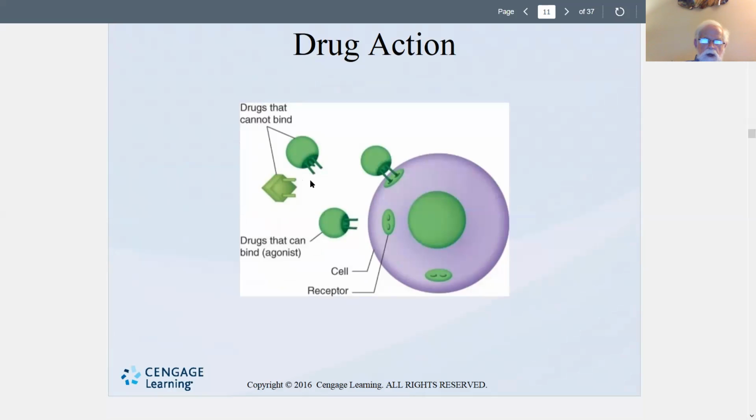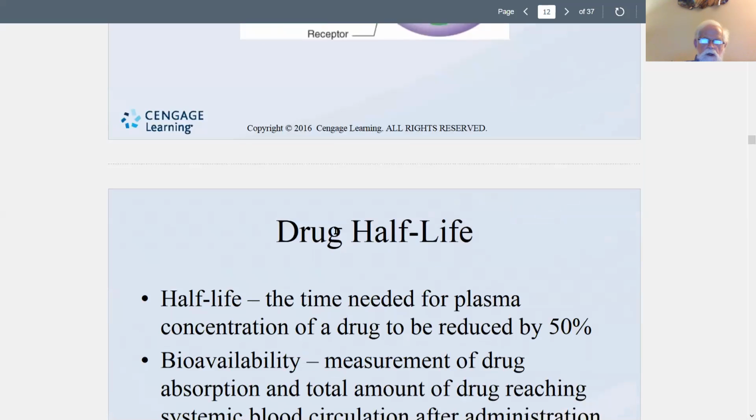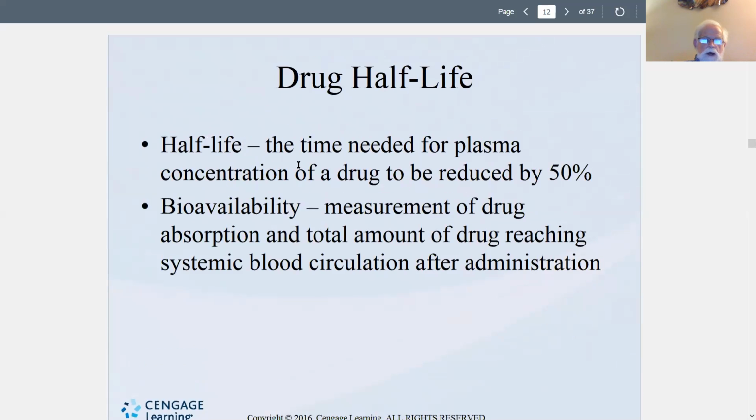If you look at these two little points of attachment on this drawing, these two will not fit, but this one can bind. It's the agonist. So that's how this works. The binding is in a place we call the active site for the drug.